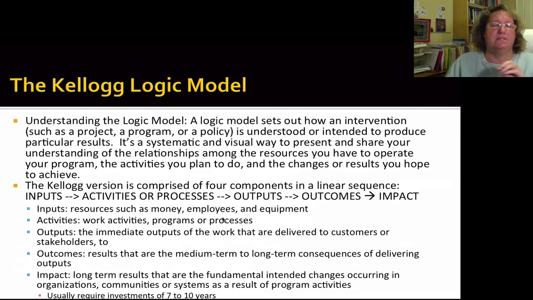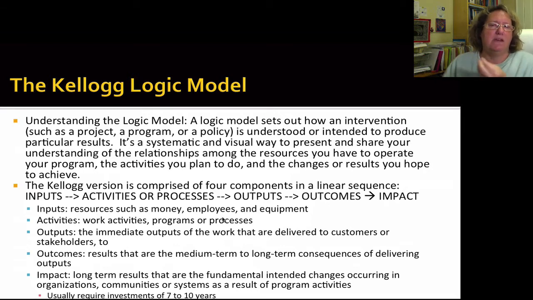So the input is the money. It might be volunteer time as well. The activities are really what your staff and volunteers do. They deliver workshops, they create home visiting programs, they will design, they'll provide case management to 40 people, that kind of thing. What will they do with those inputs?